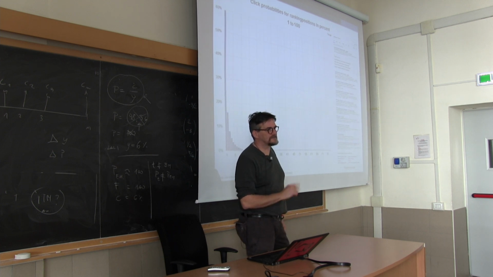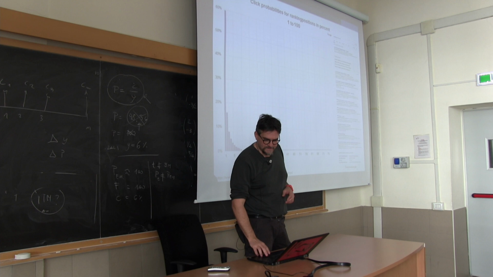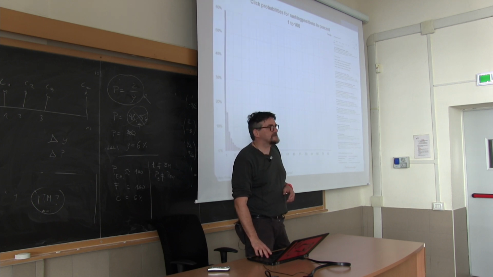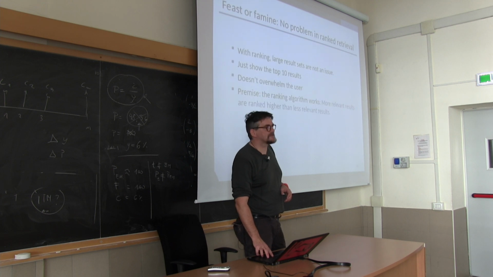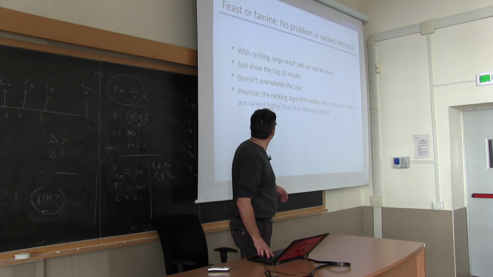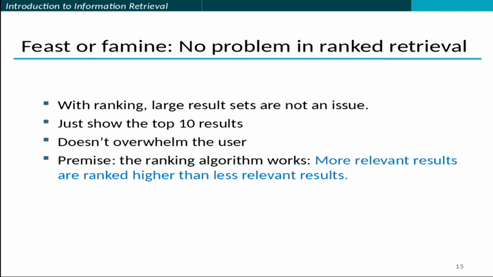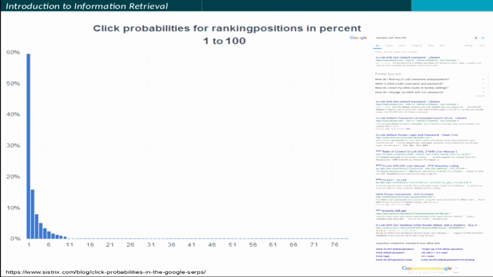Okay, that's the probability distribution. So let's keep in mind this goal: more relevant results are ranked higher than less relevant results, and let's design a system that allows us to implement this.